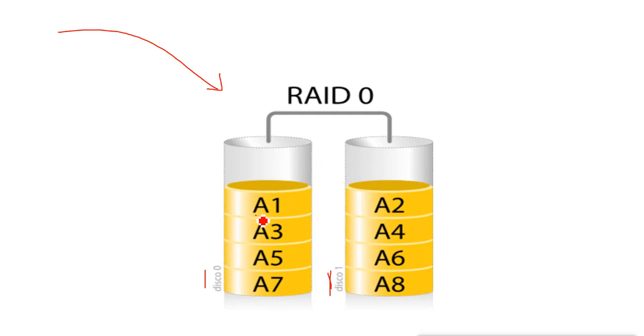First it will write A1 in disk 1, then A2 in disk 2, then A3 in disk 1, then A4 in disk 2, then A5, then A6, and then 7 and 8.